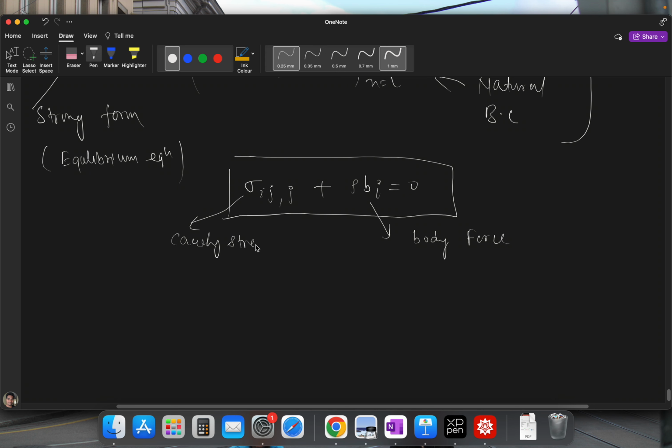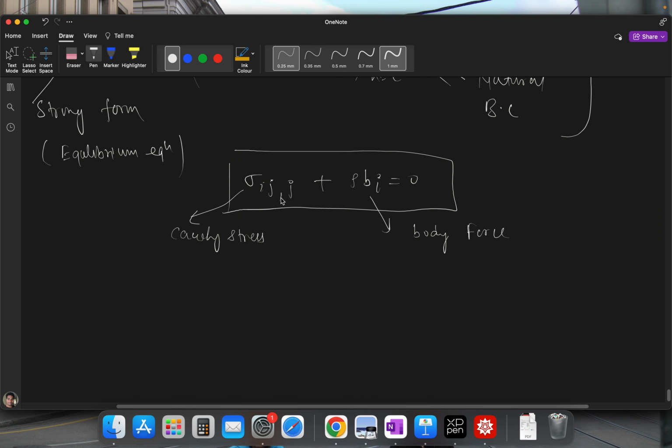So when you write it in the form of a differential equation, I can write del sigma. Here i will go from 1 to 3, and j will also go from 1 to 3.